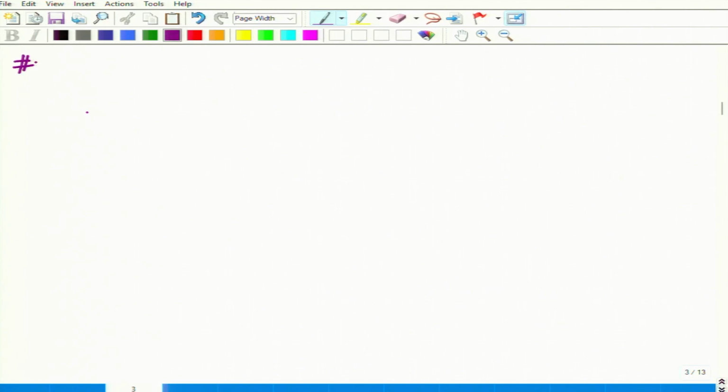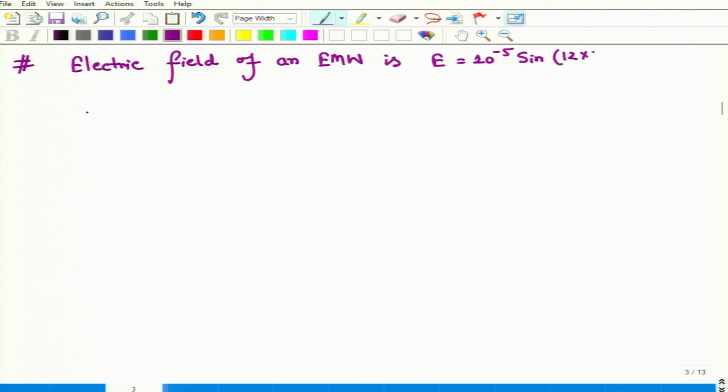This type of problem I have also done in the last class, let me do it again. The electric field of an electromagnetic wave is given as E equals 10 to the power minus 5 sine of (12 into 10 to the power 15 t minus 4 into 10 to the power 7 x).